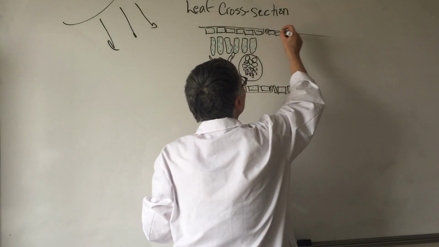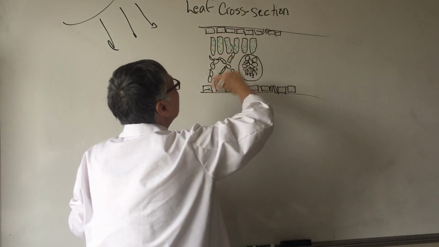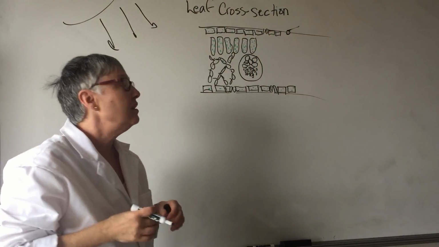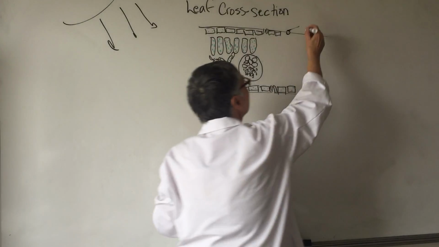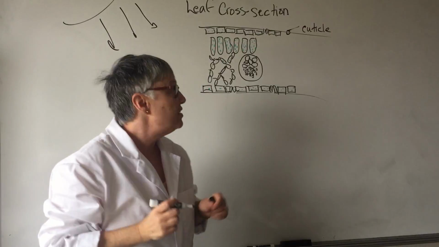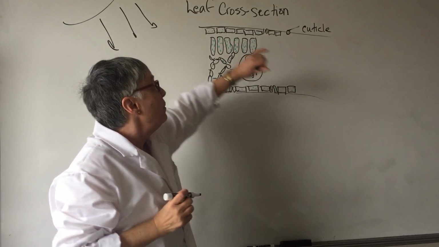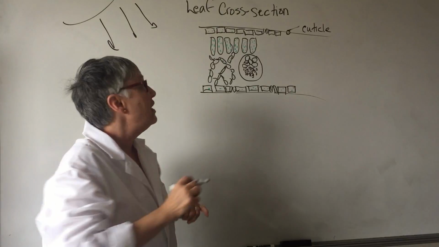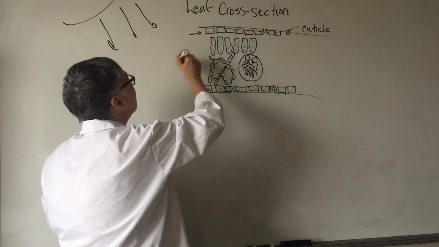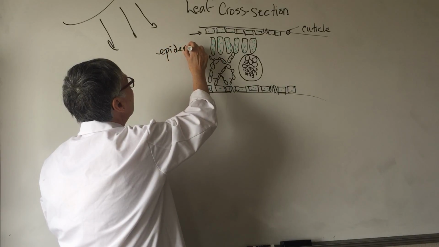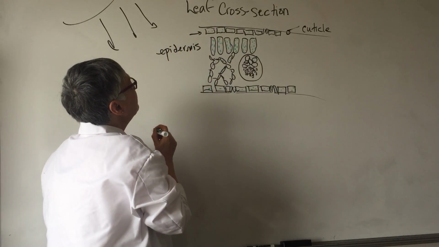So the very first structure we would come across is a waxy substance that's there to reduce water loss. This is called the cuticle. Below that is a single layer of cells that represent the epidermis, and it is there for protection.